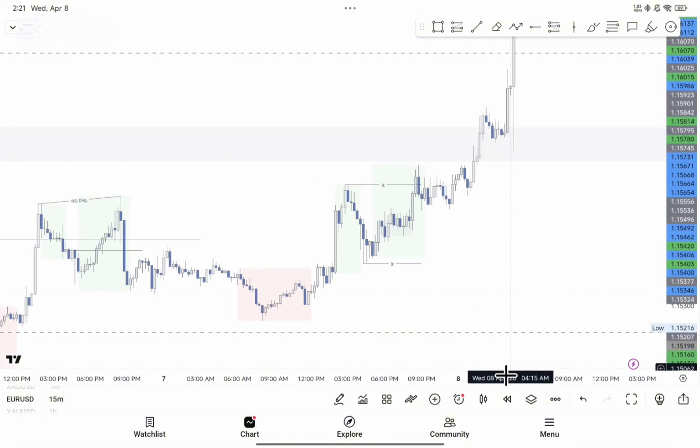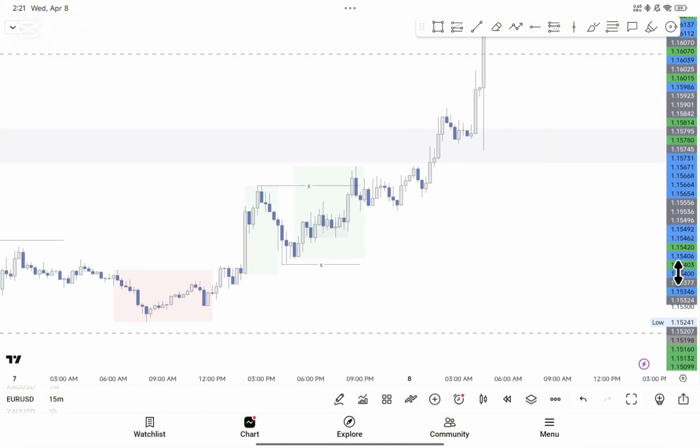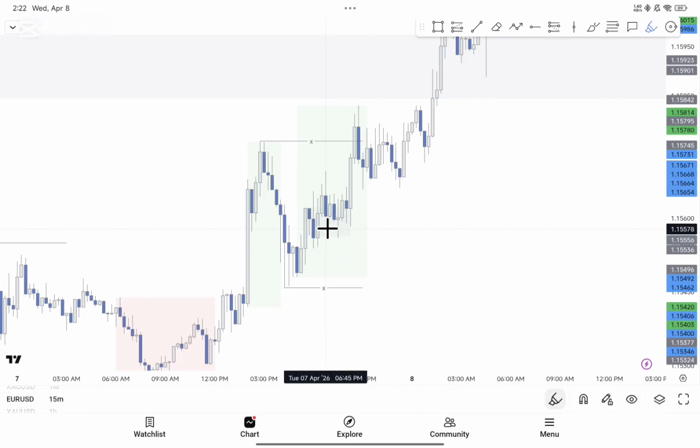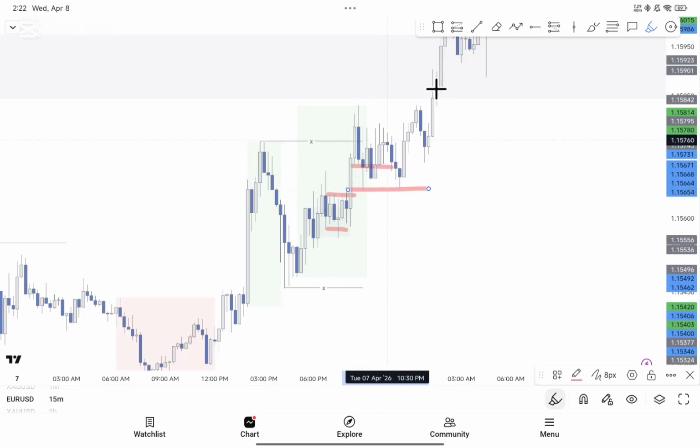Oh, by the way, you can see there is a liquidity at this area. Price has taken this liquidity and then shifted the structure to this area. I could have gone long from this fair value gap, and yeah, that's pretty much it.